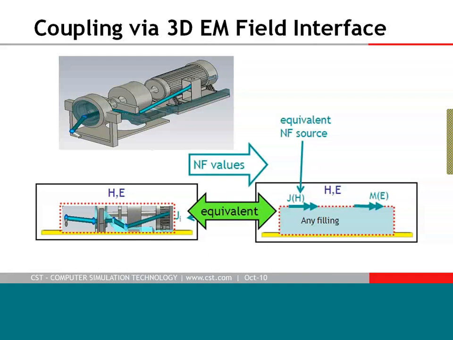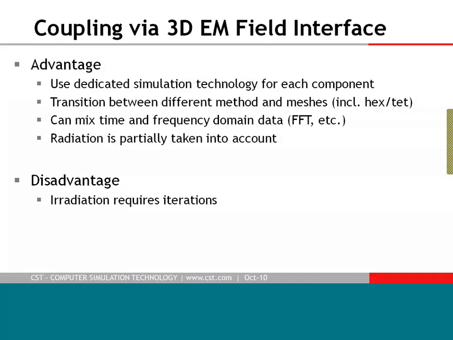This is what we call coupling via 3D fields interface, and it has many advantages, since you can use different techniques to couple. But still, radiation is only partially taken into account, and it works just one step in one direction. So if you have the back radiation into the cable, you need some iteration to be simulated.